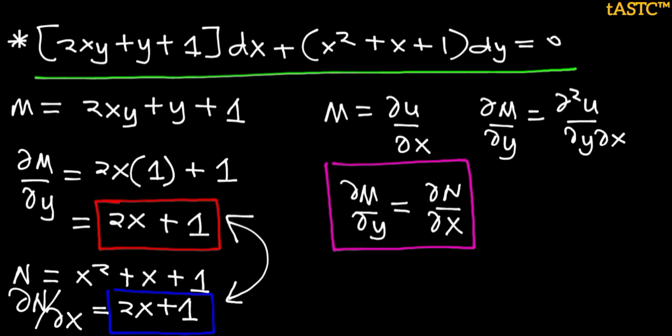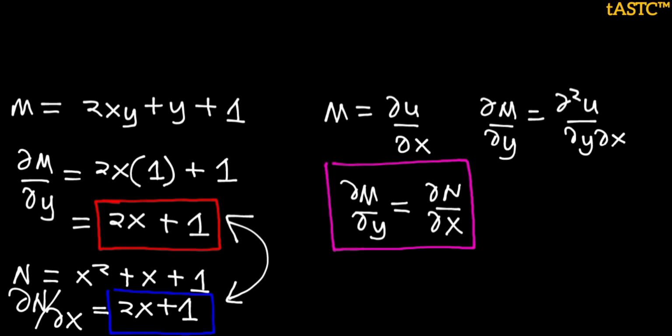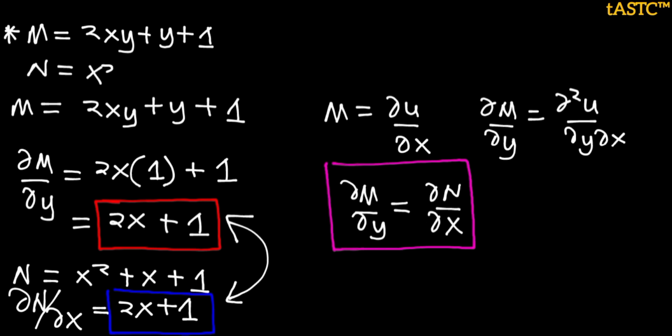So that is the first step. Now we need to find out what will be the solution to this differential equation. So I think now I'm going to take these out. First, we know that m is equal to 2xy plus a y plus a 1, and n is equal to x squared plus a x plus a 1.